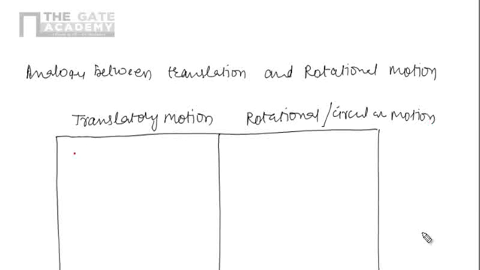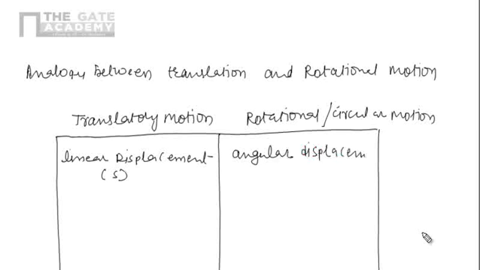In translatory motion, we are interested in linear displacement, and generally we denote this displacement by S. In rotational motion, we are interested in angular displacement. It is denoted by theta.